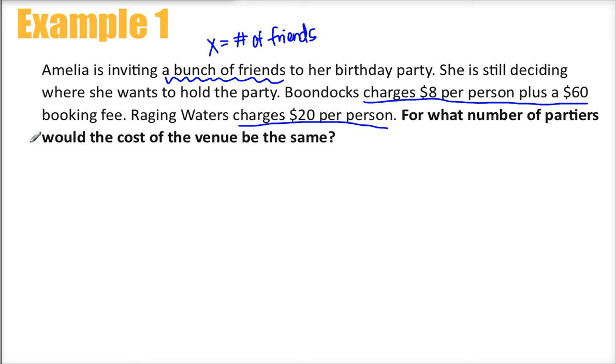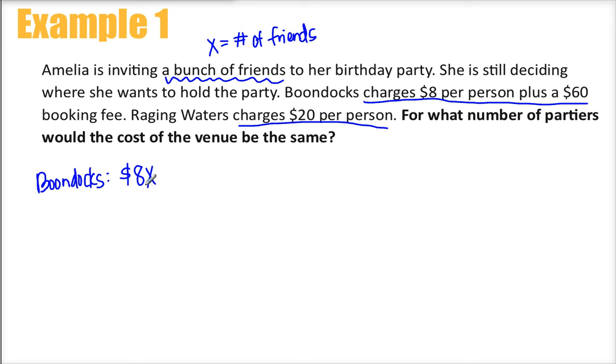Okay, let's write down a little bit better what we do know. Boondocks, they charge $8 per person. Okay, and instead of per person, I'm going to write down an x because an x is going to represent how many persons or people are going to be there, right?